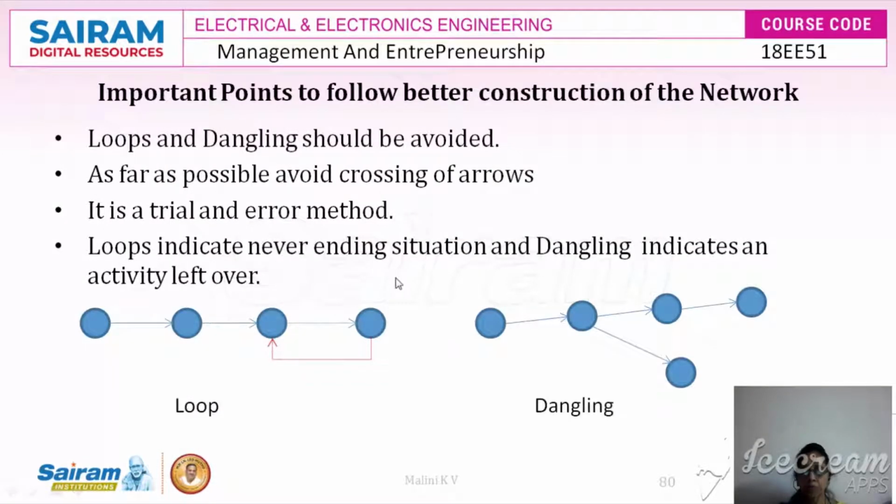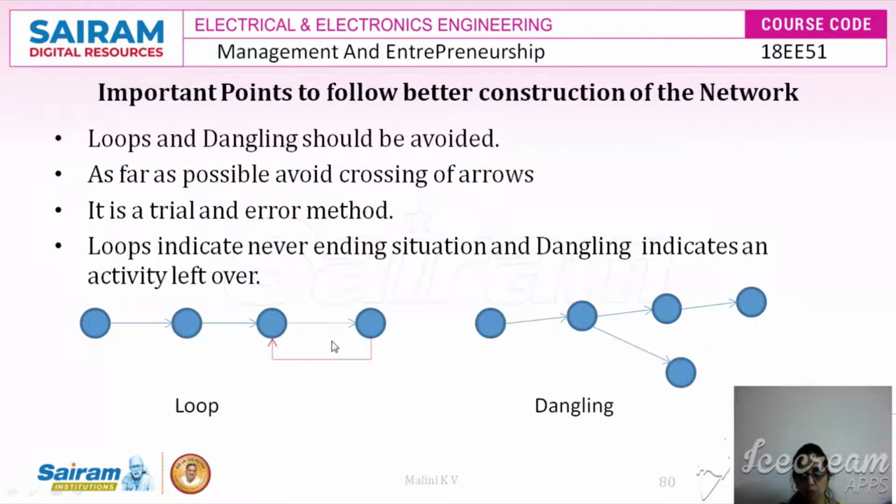There are certain important points for constructing the network using CPM. Loops and dangling should be avoided. What is dangling? This is dangling: it has an indefinite path. After reaching this, what should happen? It is left out in the middle. So dangling should not happen, and looping should not happen like this.